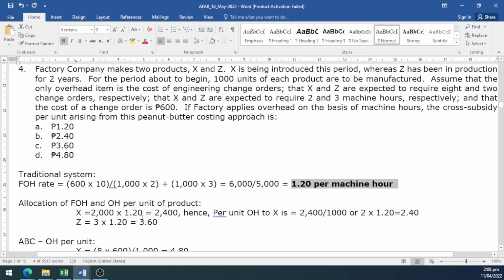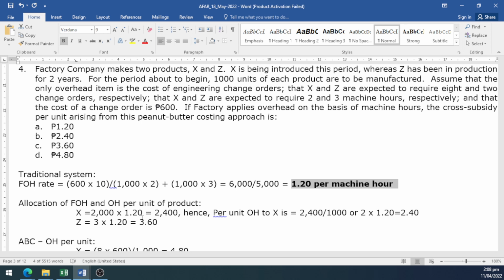Therefore, ang ating overhead allocated to product X, 2,000 hours yung product X, 2,000 times 1.2. Kaya, ang per unit overhead ng X is 2,400 over 1,000.